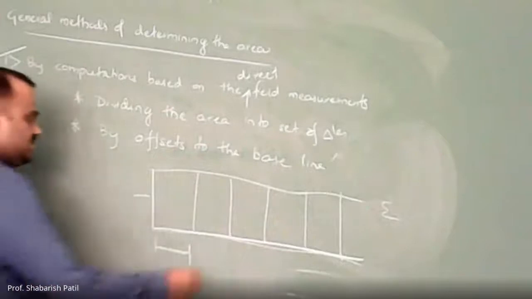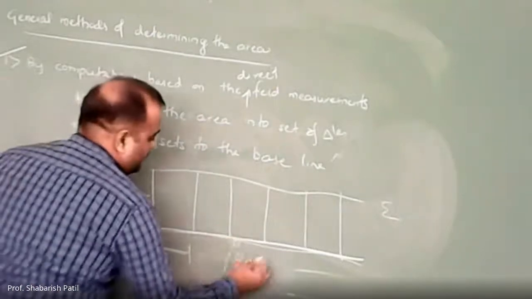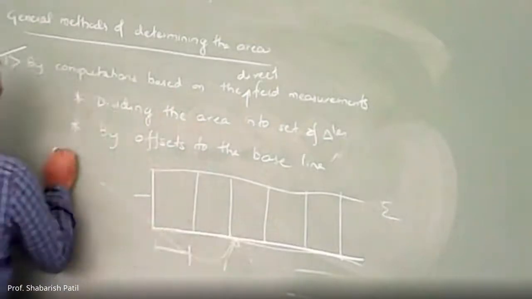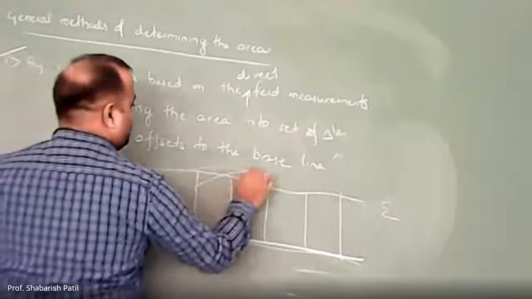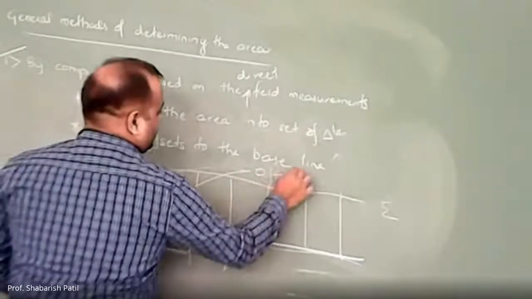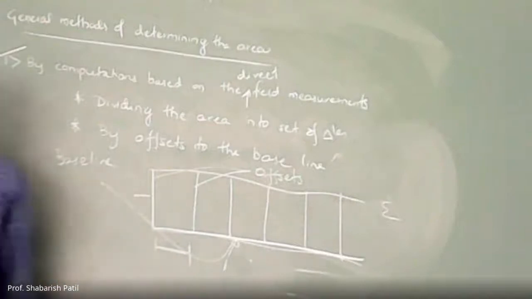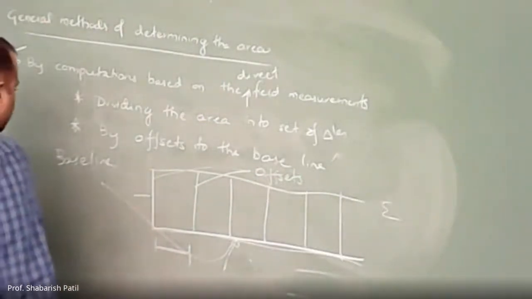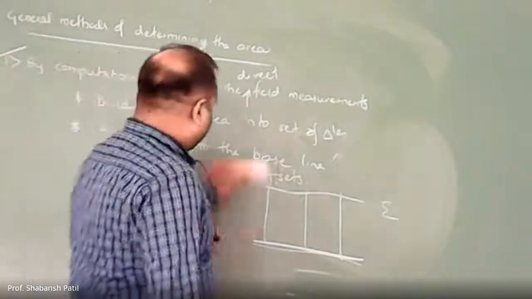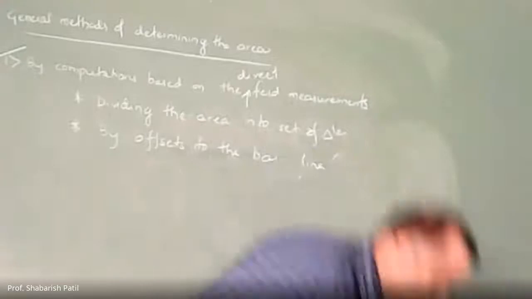So this is the baseline here, and these are called offsets. Generally, we go with the perpendicular offsets. Another method: if we know latitude and departure, we know how to calculate latitude and departure.